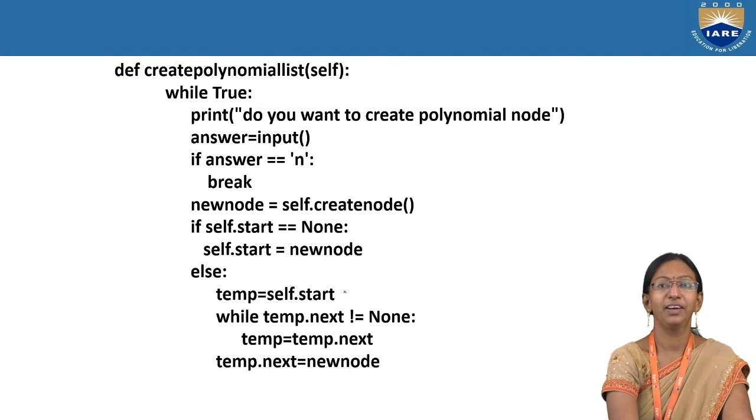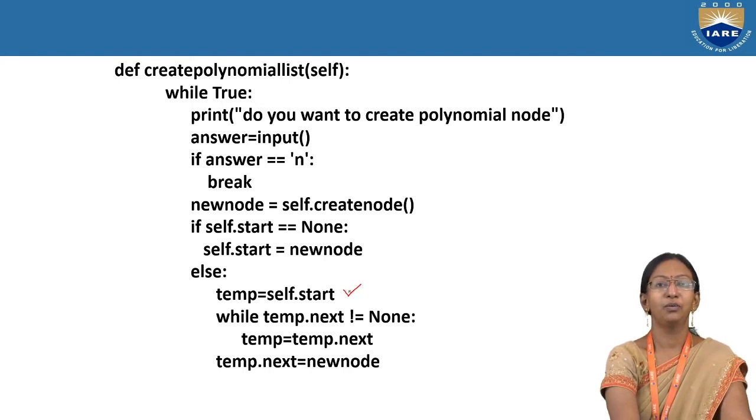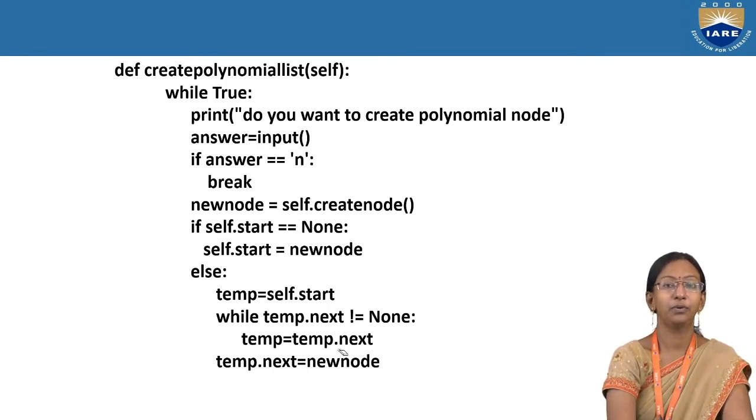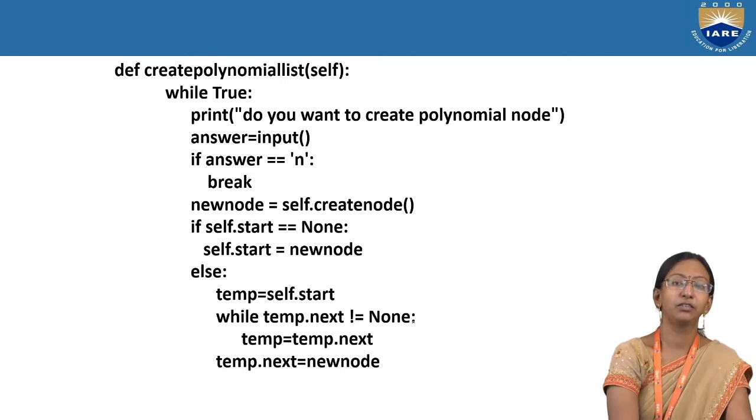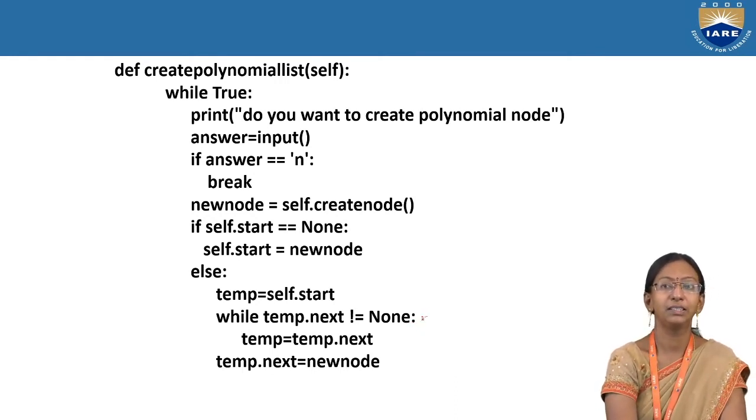Naming ceremony. Whatever node the start pointer variable holds will get a name, temporary. So I'm going to take the hops unless that temporary's next part is none. What did I tell you just now?